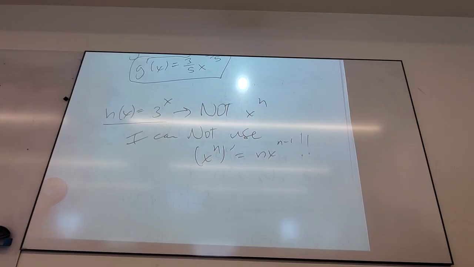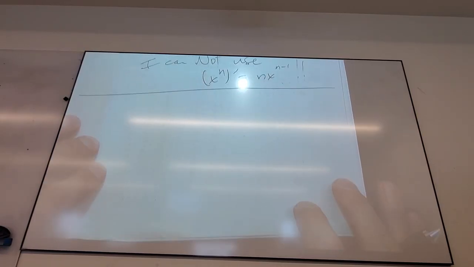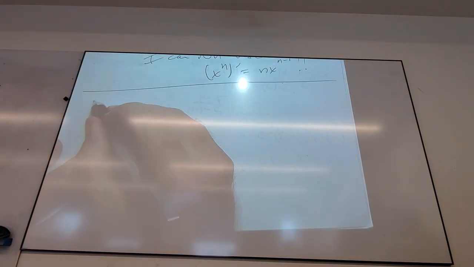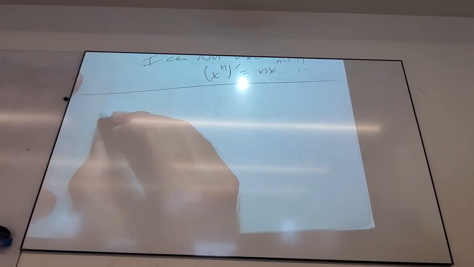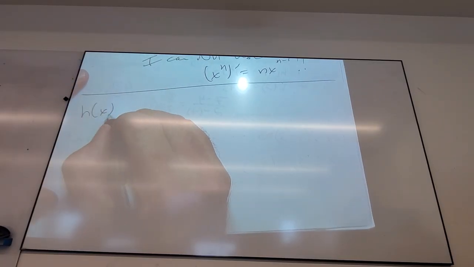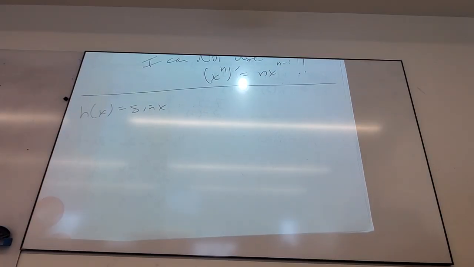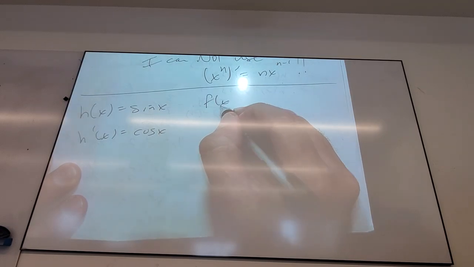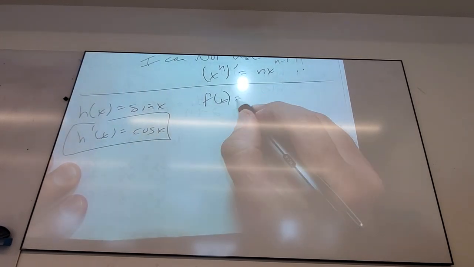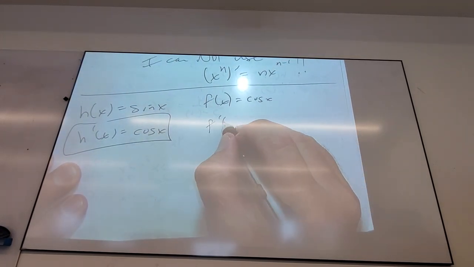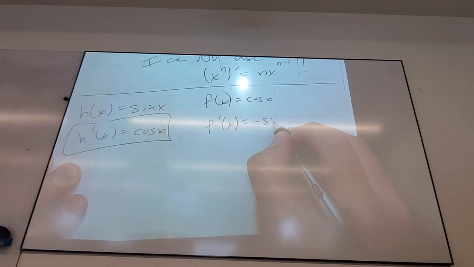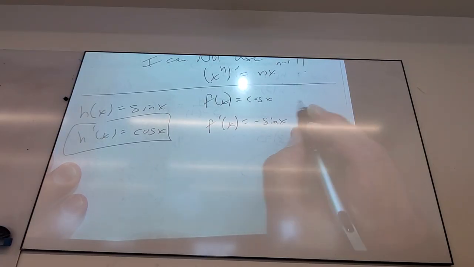Okay, so coming back, can you guys take a minute? Can you remind me what the derivative of this is? Does anyone remember what the derivative of cosine is? Negative sine. Good.